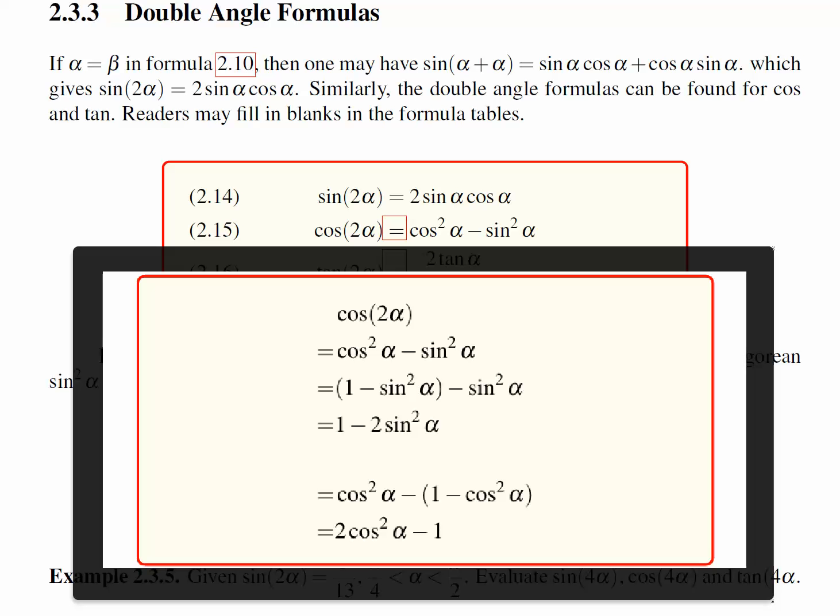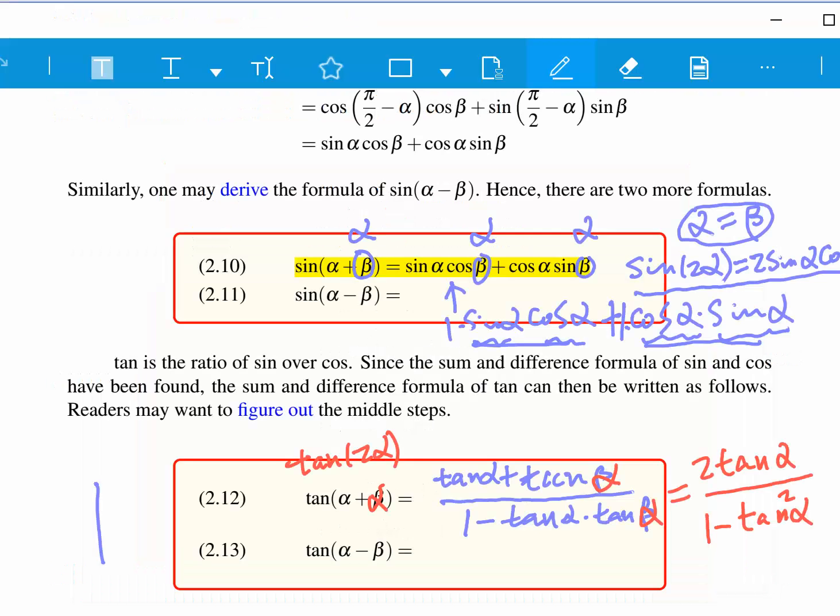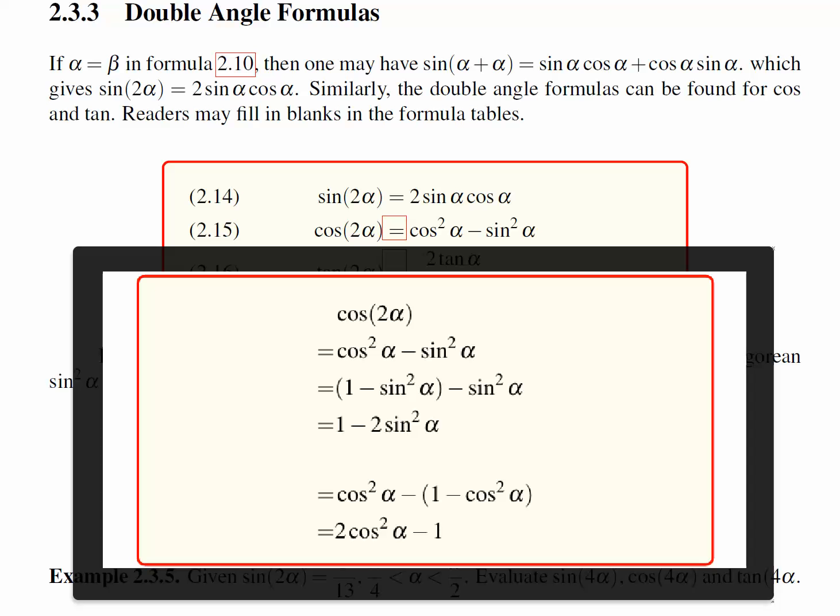You know why this is the case? Because sine alpha squared plus cosine alpha squared is 1. So that's why here we have 1 minus sine alpha squared is cosine alpha squared.